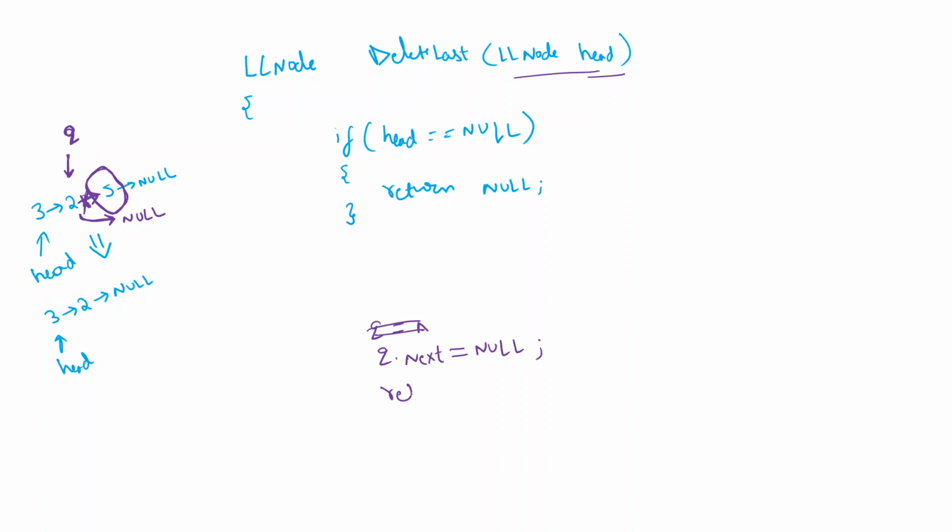So when you do q dot next is equal to null, your work is done. You have basically removed the last node from the linked list because q over here is the second last node. So now the only task left as of now is to move q to the second last node, right? So these are not that difficult things, really easy and interesting things. You just need to go step by step.